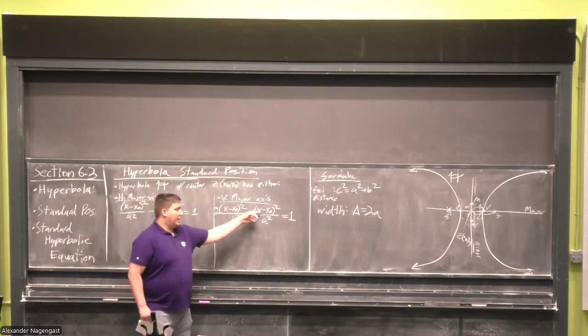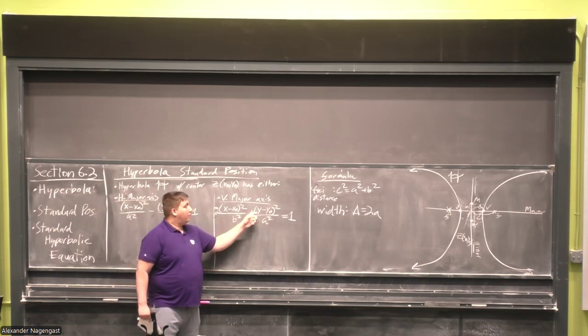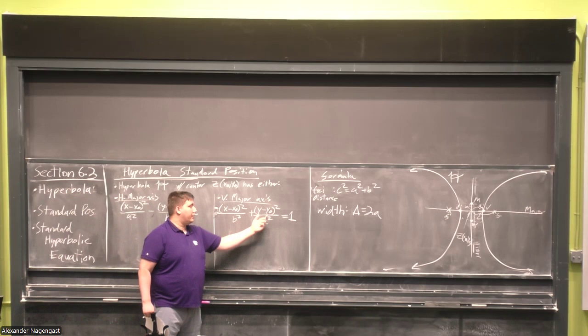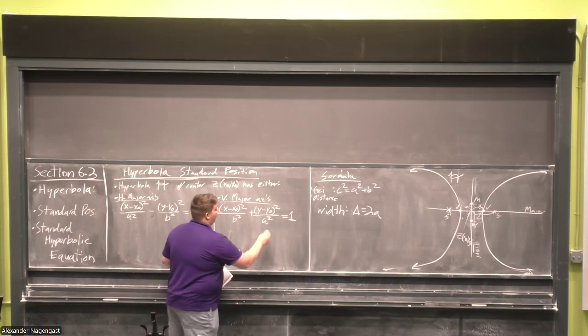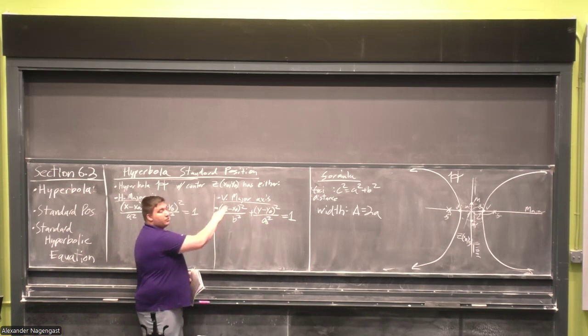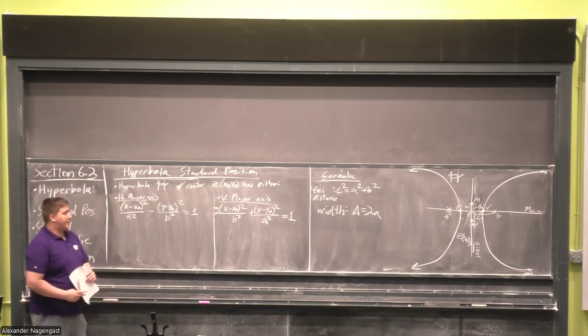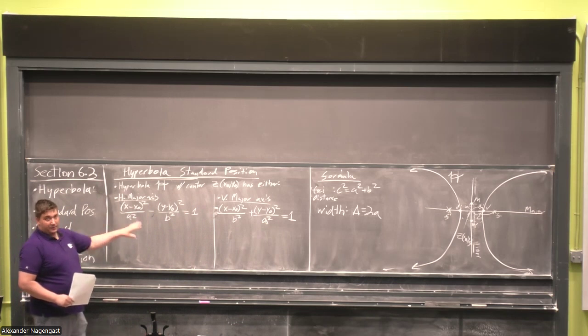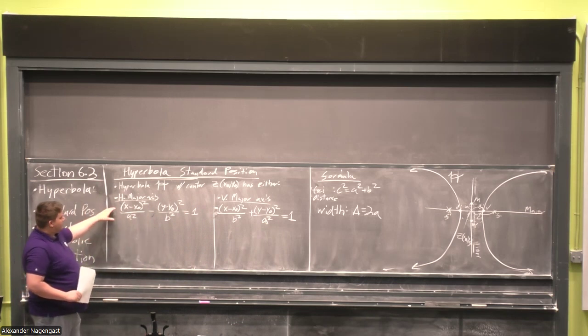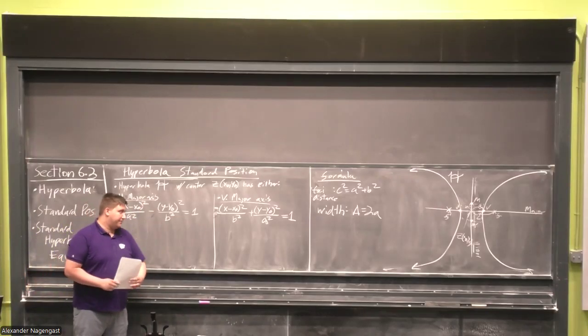So have y minus y naught quantity squared divided by a squared minus this quantity of x minus x naught squared all over b squared. Either way, it's up to you. I like the consistency of keeping x's to the left, y's to the right.